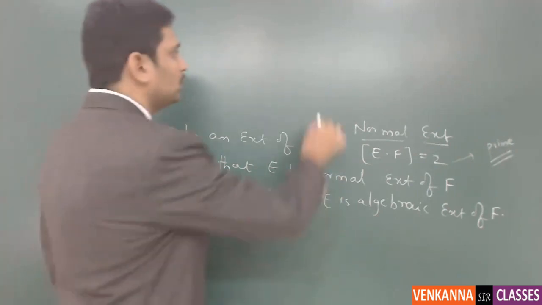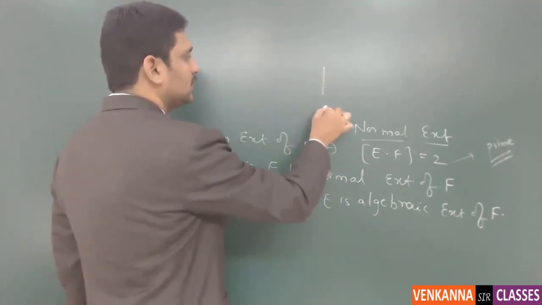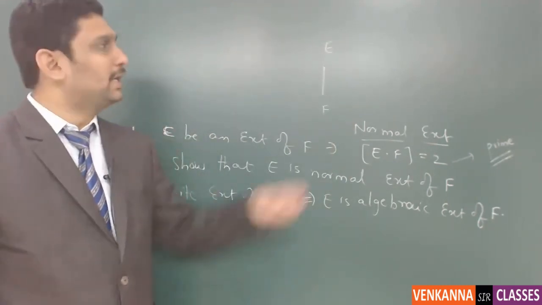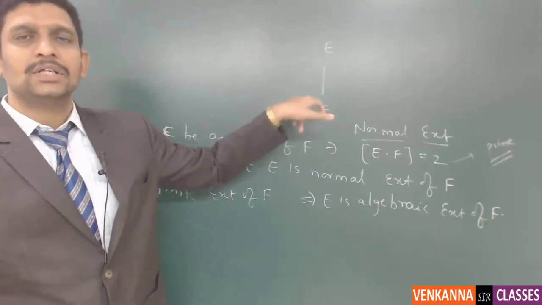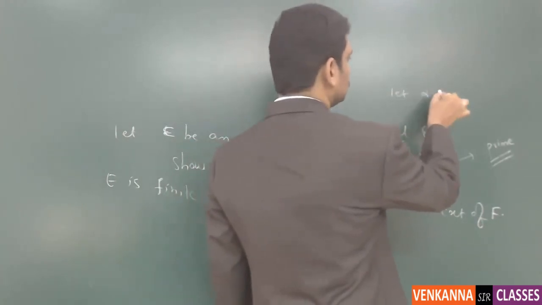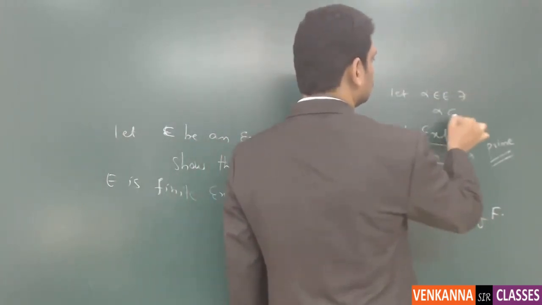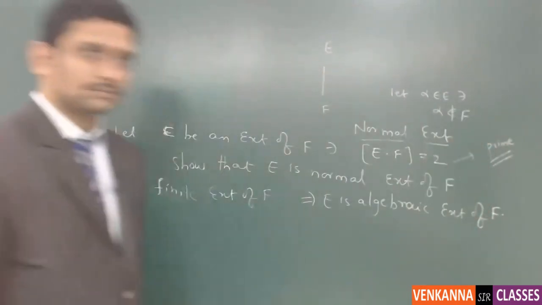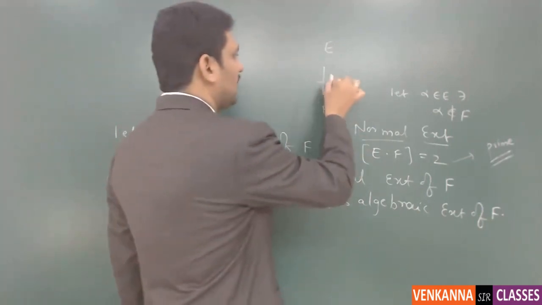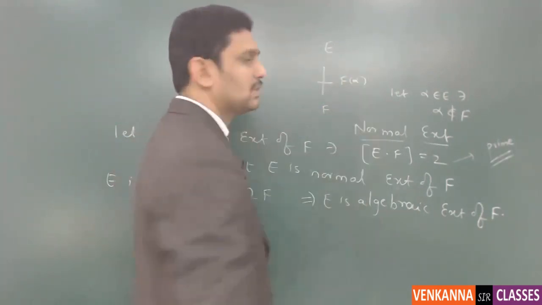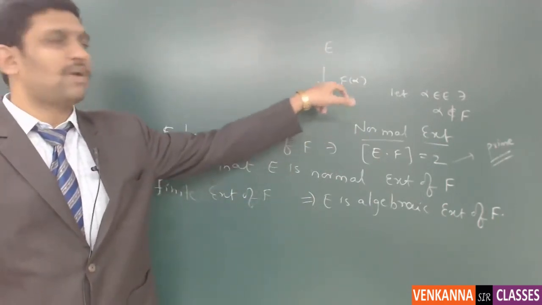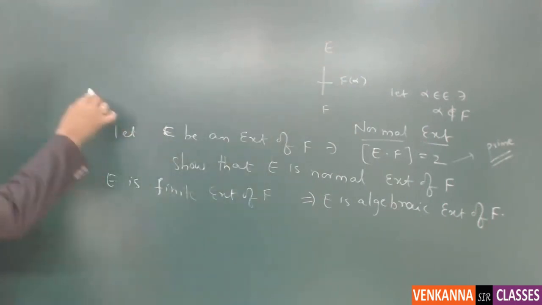Now, if you take the hierarchy, this is F and this is E. Now let us take an element alpha in E which does not belong to F. So we can have a subfield between these two, F(alpha), and the hierarchy will be like this.